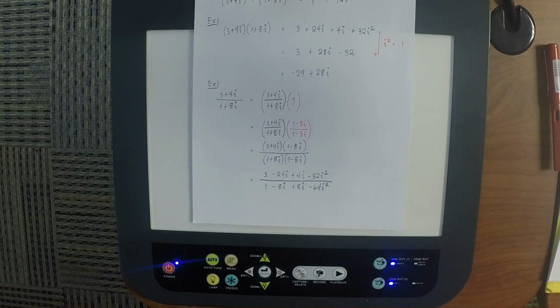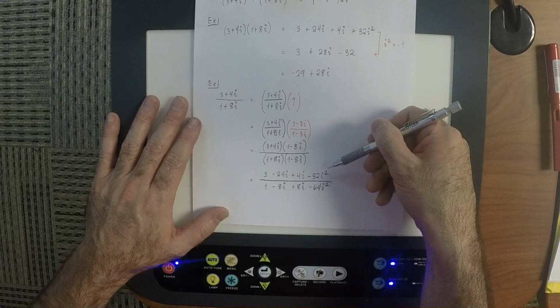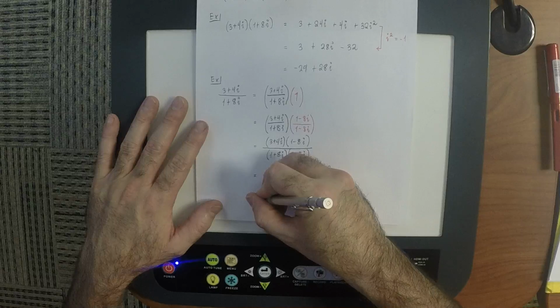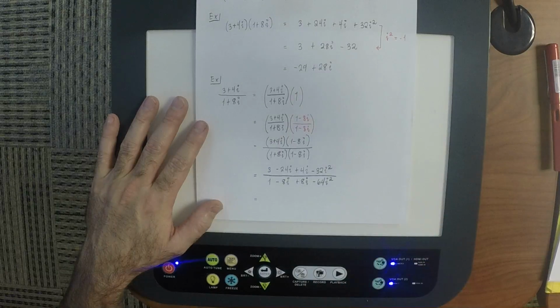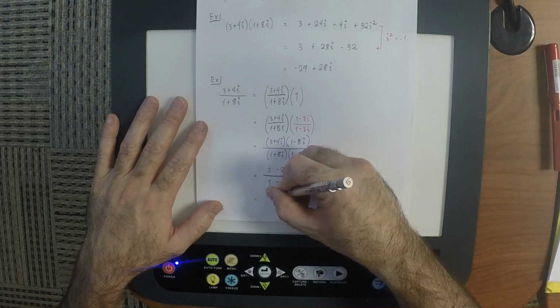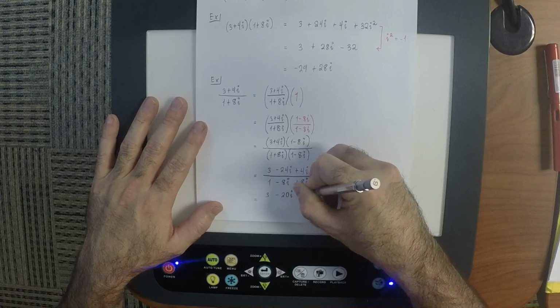Okay. So we're going to have to do the i squared thing again, which is to say everywhere that we see i squared, we're going to replace it with negative 1. So what will this term become? Positive 32, right? So this would be 3, and then minus 20i, and then plus 32.